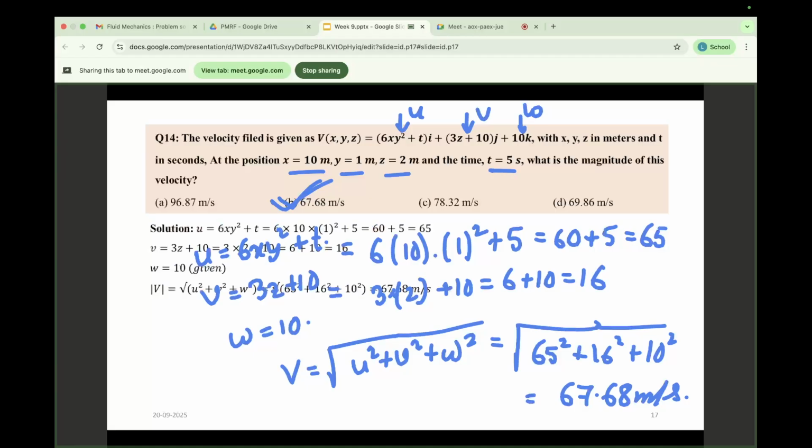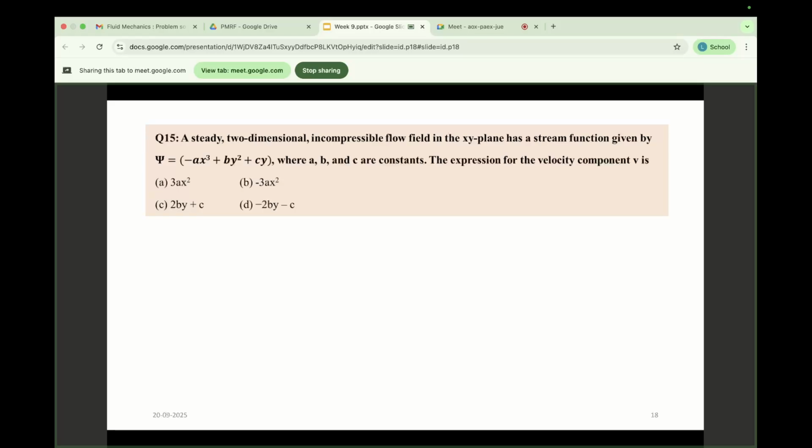So now this is the last question for today. Please try to solve this one. Here also it's a problem related to the streamline function, where a 2D incompressible flow, that means density is constant, is given. You are asked to find this V component. It's a quite simple question.